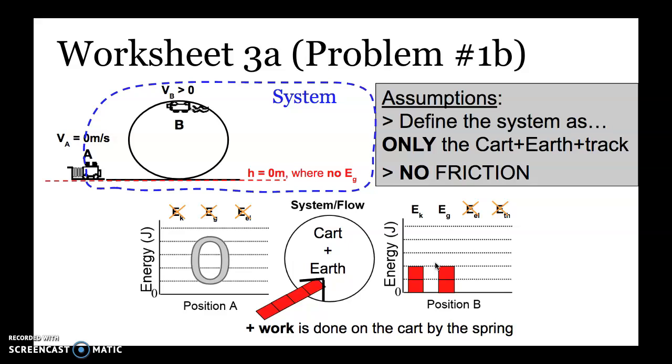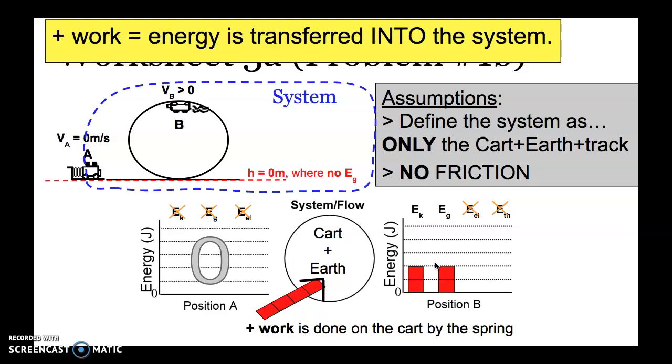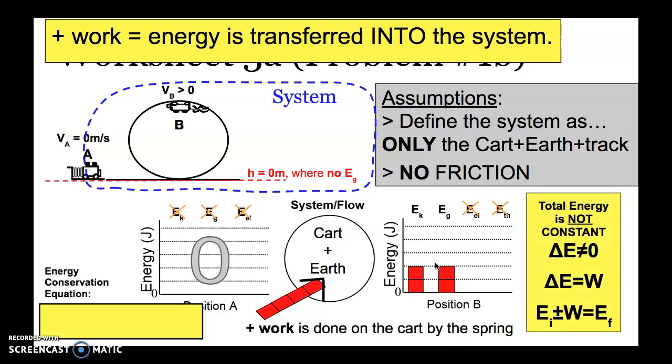Anytime there's a change in the energy of my system, that means that energy was transferred in or out. We call that transfer work. And in particular, when energy comes in, we call that positive work. Okay? Positive work is energy that comes into our system. So since our system is not isolated, the total energy is not constant. There is a change.